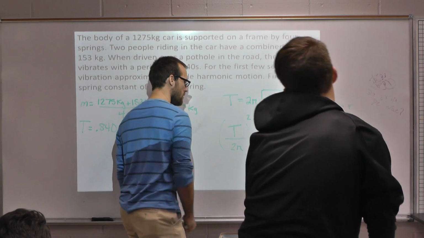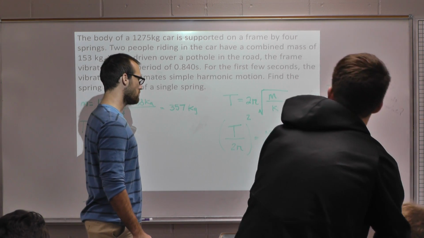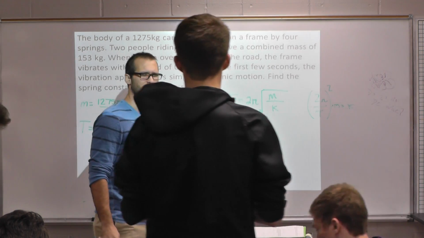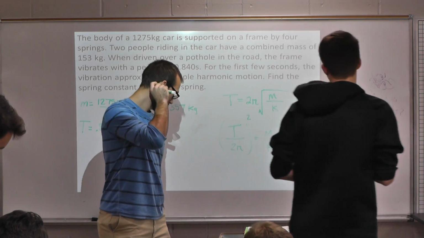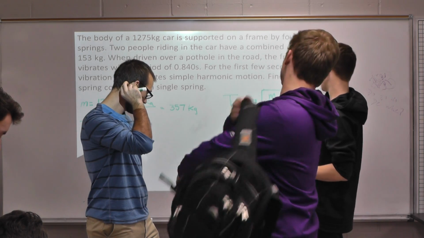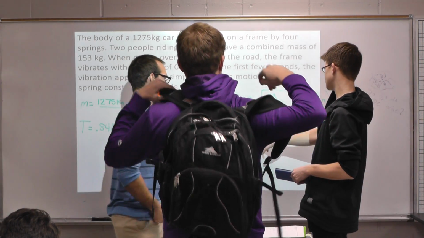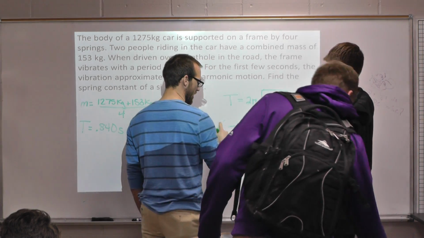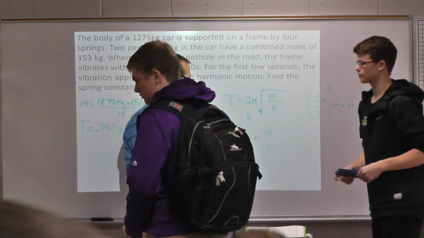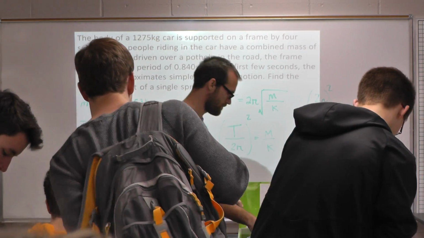I moved k to the other side, and got 19,000. How did you solve for it? Because we already knew 0.84, so I did 0.84 over 2 pi, squared, multiplied by k, and then divided by k. It seemed like I did the same thing you were talking about, because you moved it off the bottom.